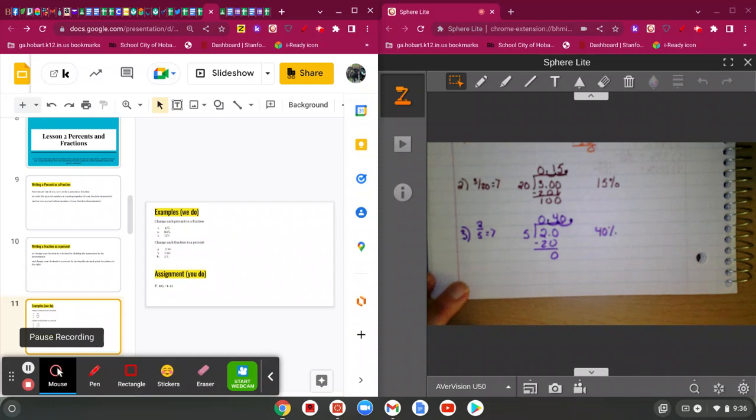Okay. So your assignment for today is in your textbook, but just like Wednesday and Thursday, you will enter your answers into Canvas. So there is a Canvas assignment linked in the agenda and in assignments in Canvas. You are doing page 105, numbers 1 through 12.